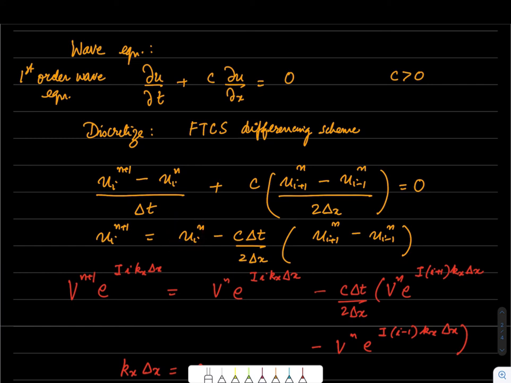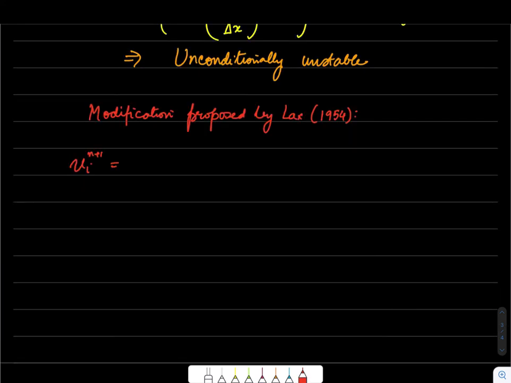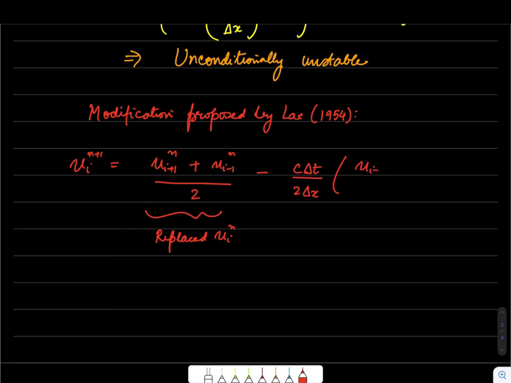So what Lax suggested is that this could be used as a geometric average of values at i plus 1 and i minus 1. So the modification is, we write the right hand side now as (ui plus 1 plus ui minus 1) n by 2, that is the average which has replaced uin, minus c delta t by 2 delta x (ui plus 1 n minus ui minus 1 n).